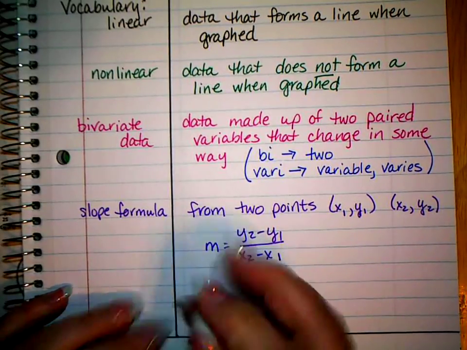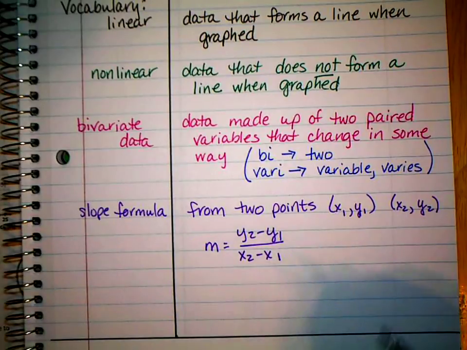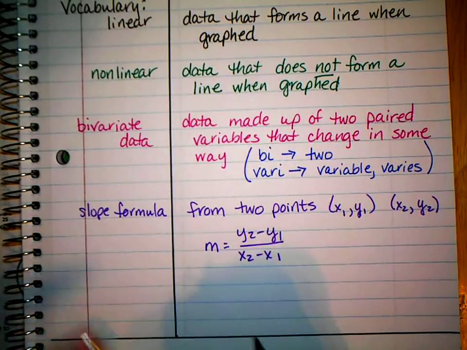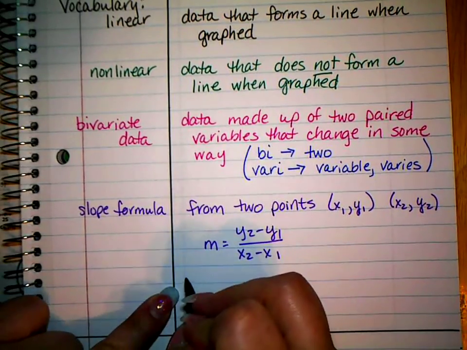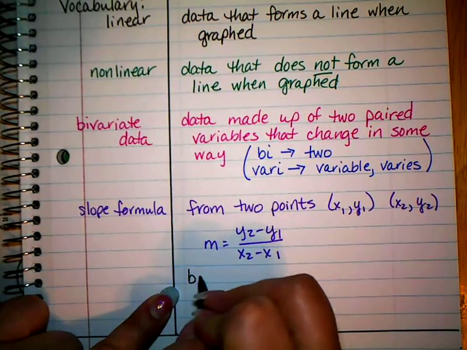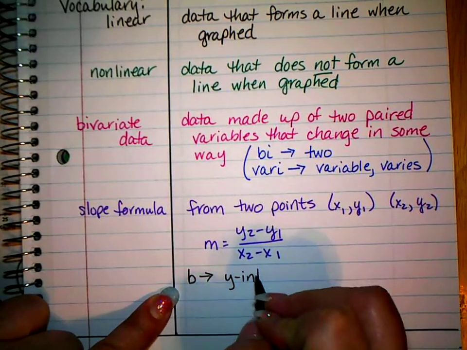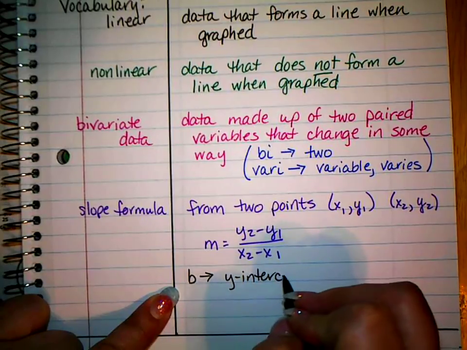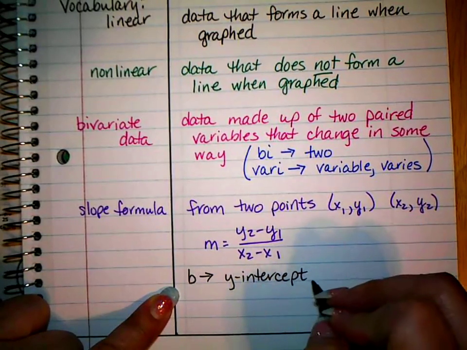And then we've also talked about the y-intercept. And in our equation that we've used, b is the y-intercept value. It's where the line crosses the y-axis.